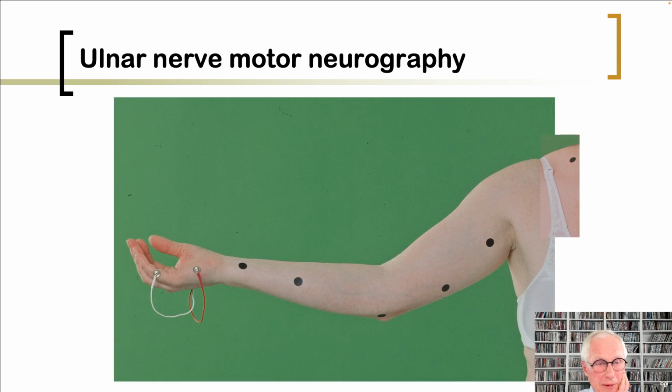Here we see a schematic picture of ulnar motor neurography, and you see that we place the recording electrodes here over the hypothenar region. We can stimulate at the wrist, in the forearm, and we can stimulate below elbow and above elbow.